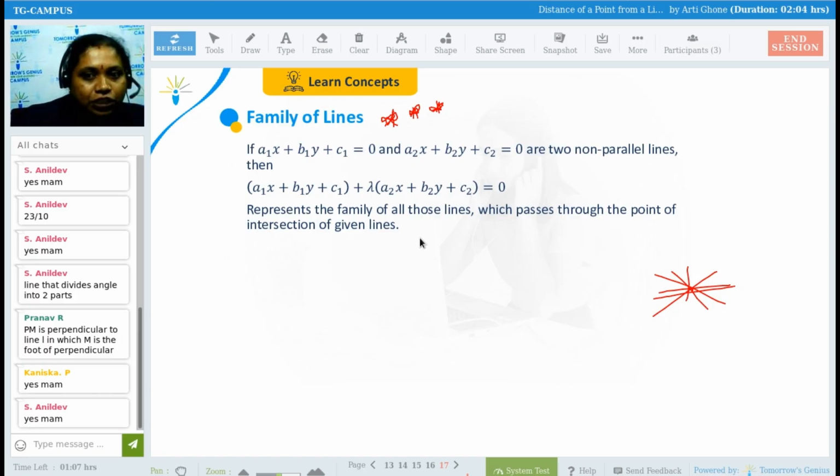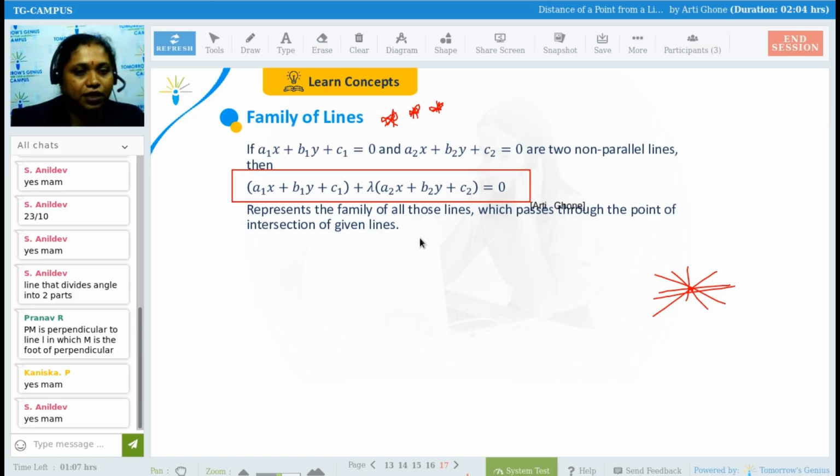You need to take this equation for calculation and proceed. Whenever there is a family of lines related question, it is mentioned as the family of lines passing through the point, or all lines passing through the point. Both mean the same. Clear? Okay. So this will be the equation for solving. Clear? Clear?